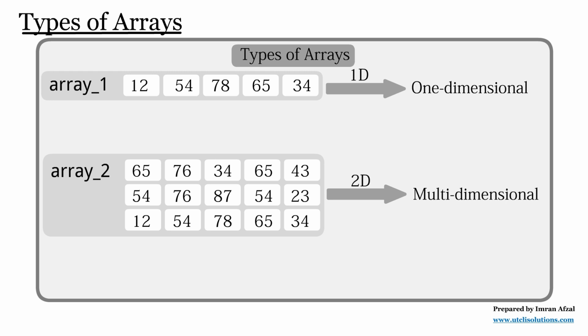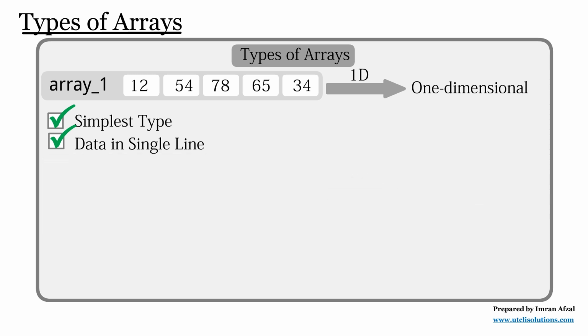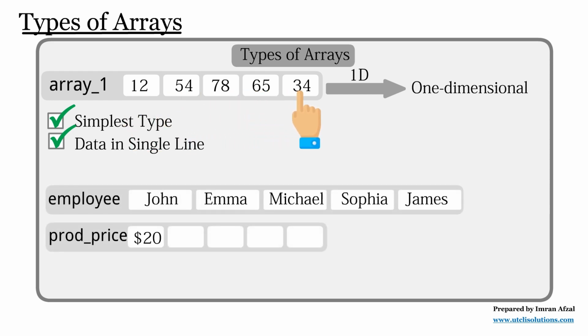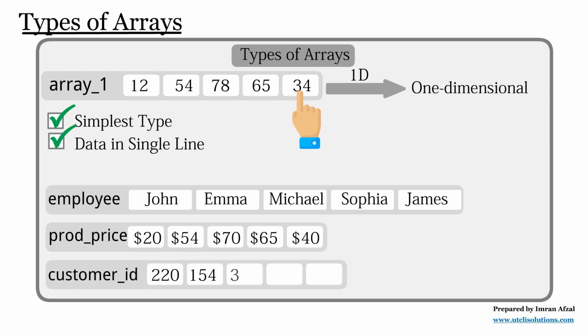A one-dimensional 1D array is the simplest type of array. It stores data in a single row or a single line, just like a list of items written in a notebook. You are already familiar with 1D arrays because we used them in our introductory lecture. They are useful when we need to keep track of simple lists, like a list of employee names, product prices, or customer IDs.